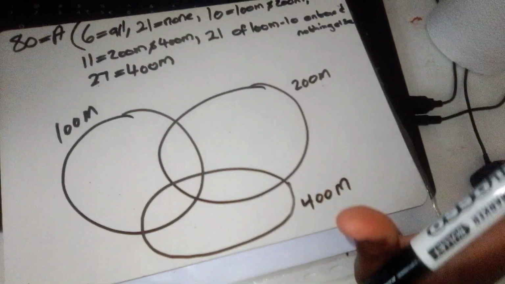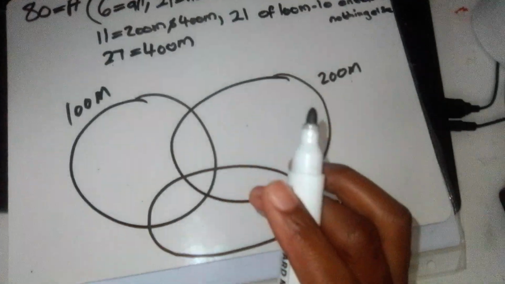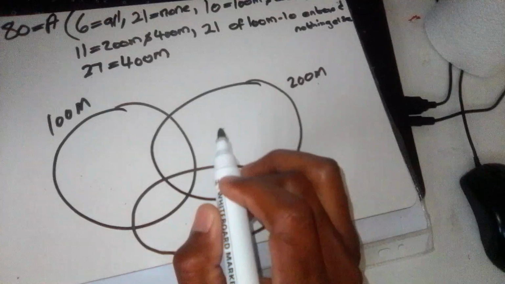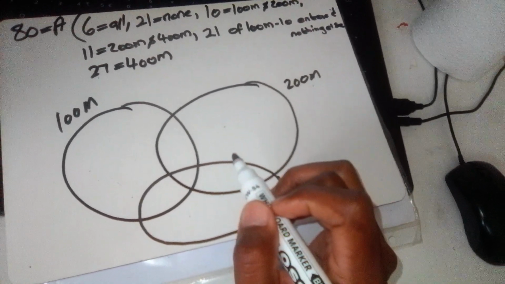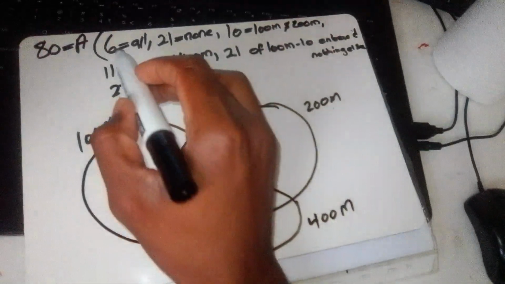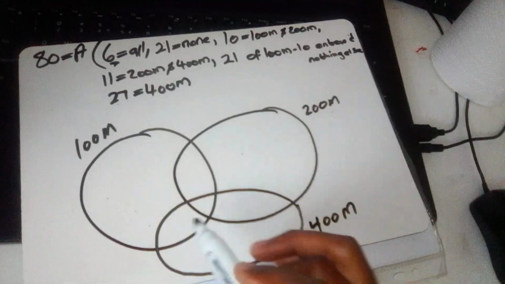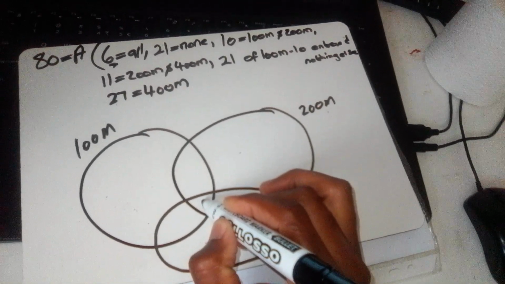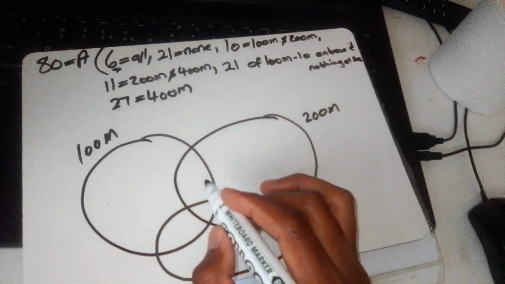This is what I need you all to do. When you do the Venn diagram, start with where there's an overlap. Here we have 6 athletes who entered all the events. The overlap is here because this represents all the events. So put 6 here.